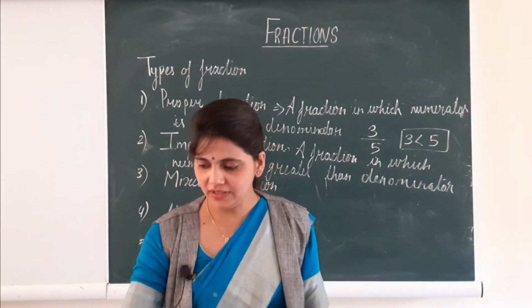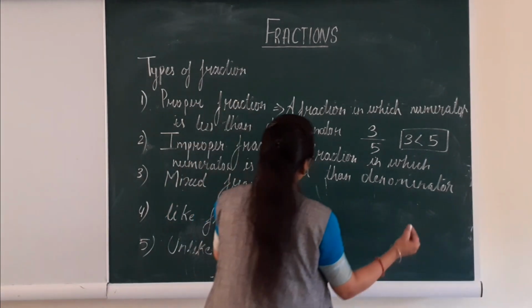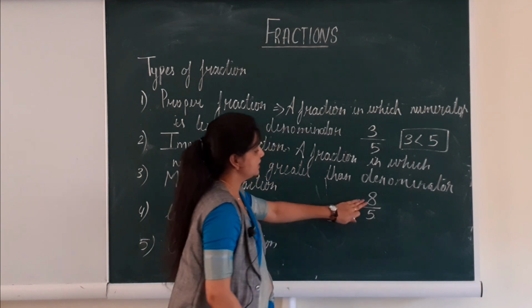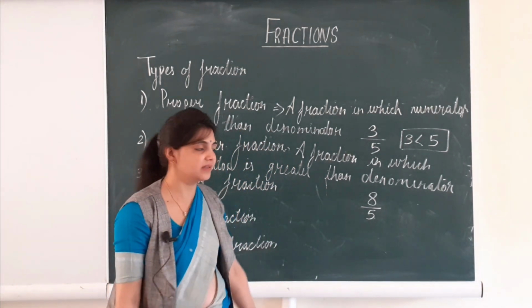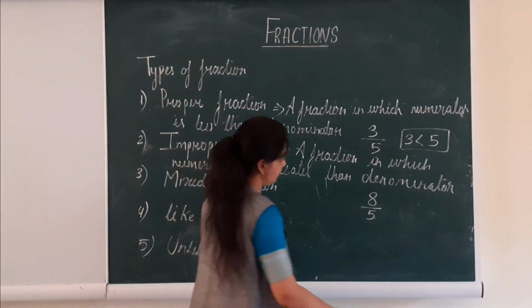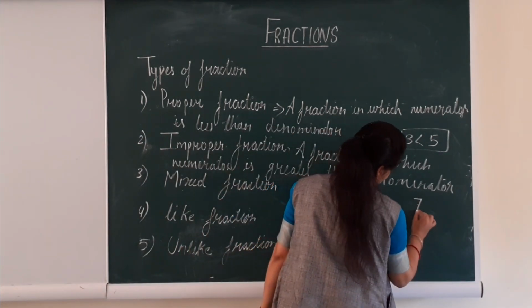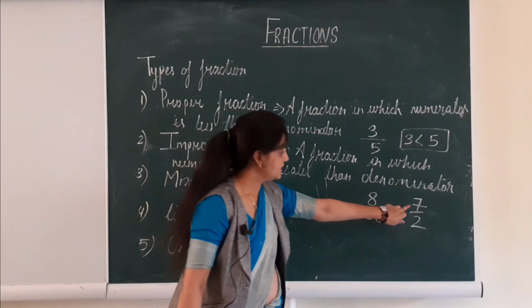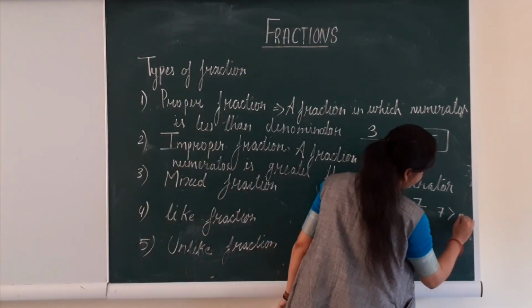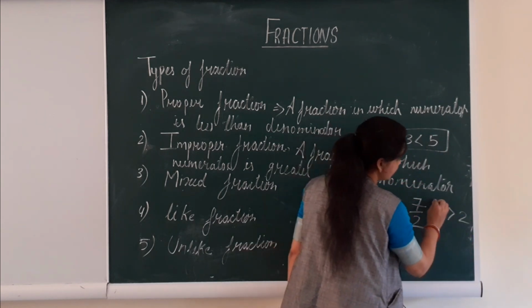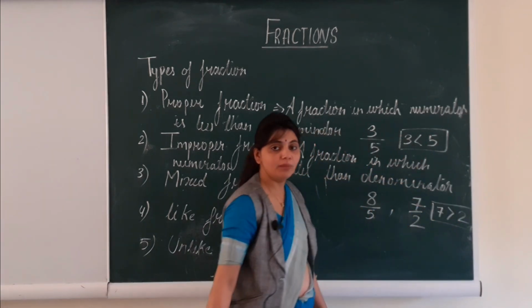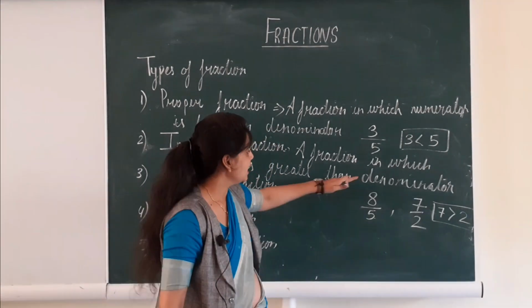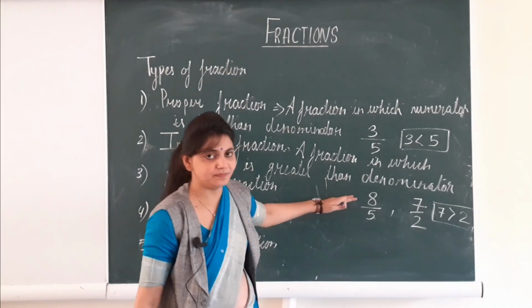Let's take one example: 8 by 5. This is an improper fraction. Any other example? Yes, 7 by 2. 7 is greater than 2, meaning the numerator is greater than the denominator, so this is an improper fraction.